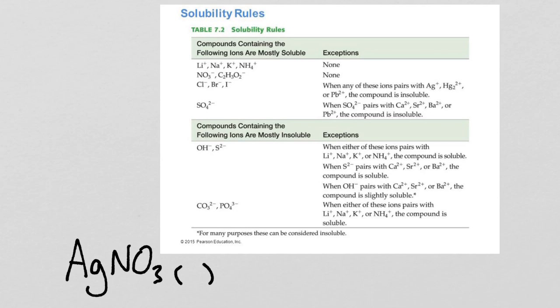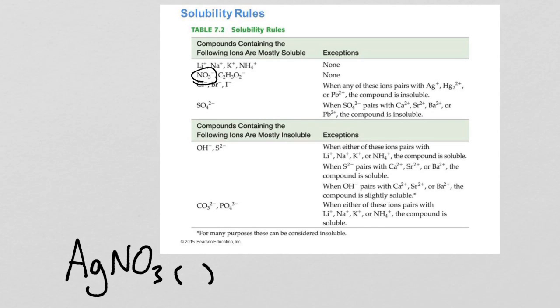Okay, we've got AgNO3, and what we're looking for is NO3 or Ag in our ions that are normally soluble or normally insoluble. And I find that NO3 is right there. And so what this means is that compounds that contain NO3 are usually soluble.